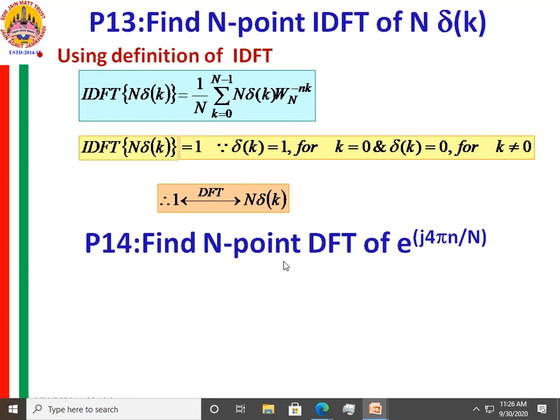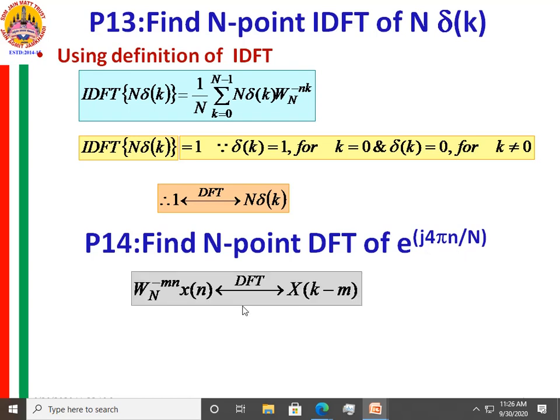Now, using the properties and this pair of DFT, find the N-point DFT of e raised to j4 pi n by capital N. Which property shall we use? Suppose I consider that the input x of n is 1 and that is scaled with this complex exponential. Then I will be using the frequency shift property, where x of n will be scaled by the complex exponential.